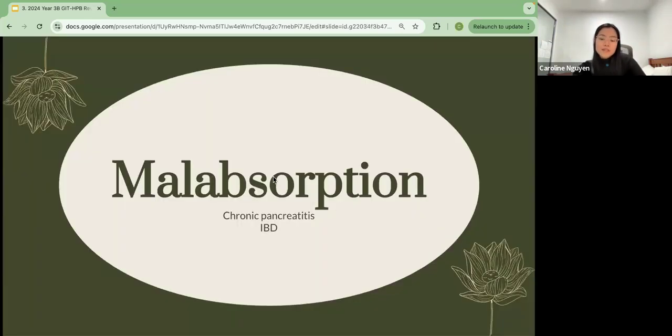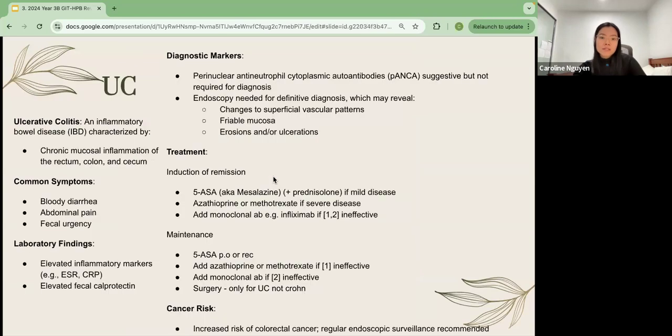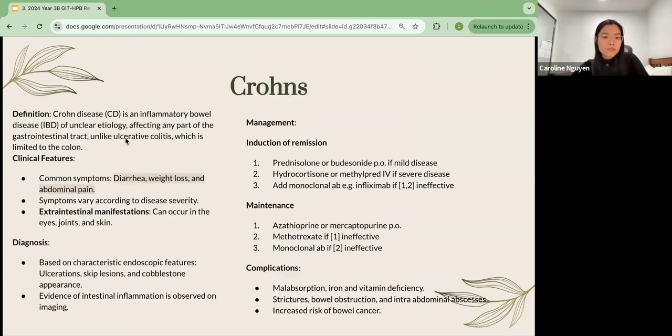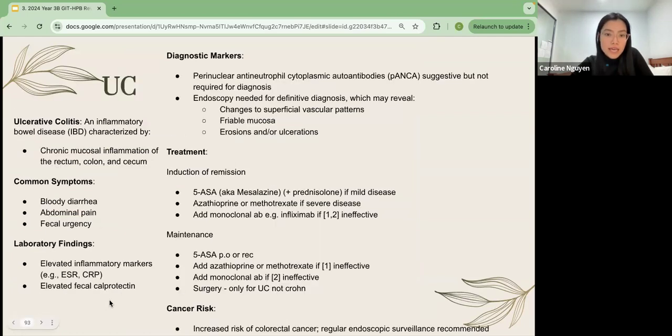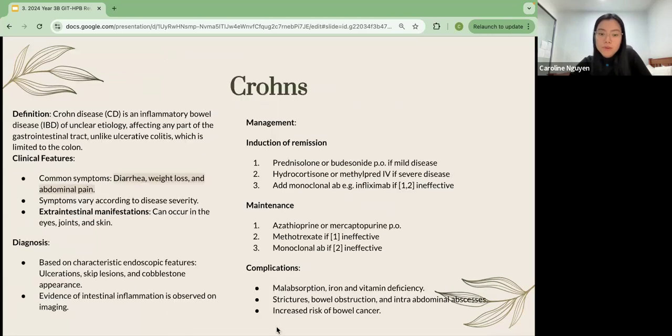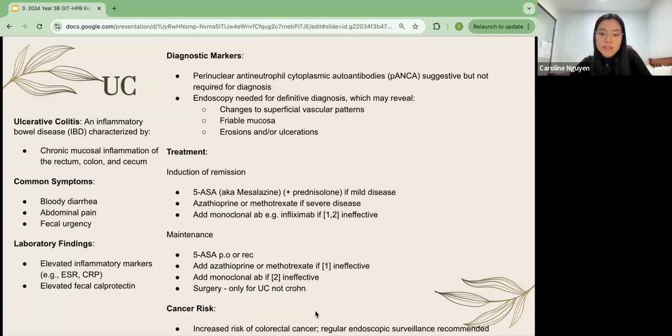Okay, so that was Crohn's. Let me see if I've missed anything. Oh, yes. These are also buzzwords. So skip lesions and cobblestone appearances in Crohn's. And then ulcerative colitis is friable mucosa, it's superficial, and there are ulcerations. Both of them are associated with bowel cancer.